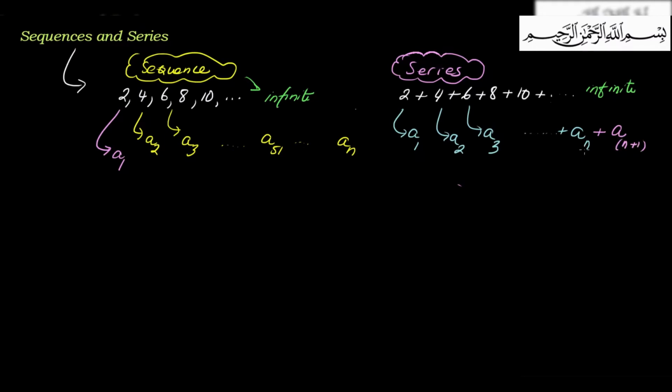That is, if this was the 50th term, the next term would be 51, A sub 51. And the term that precedes it you can call A sub n minus 1.